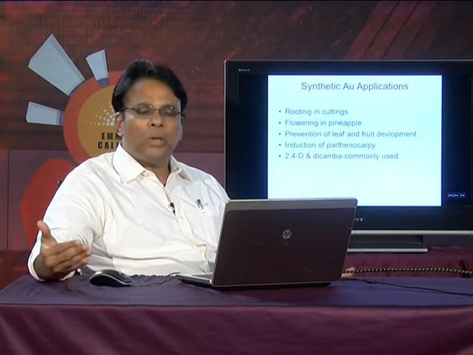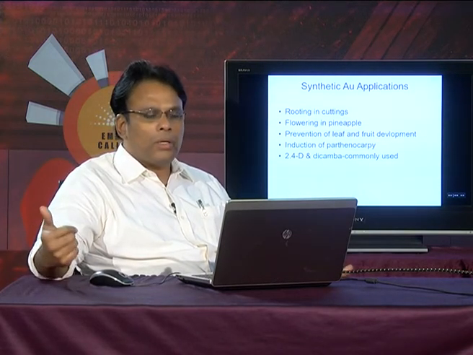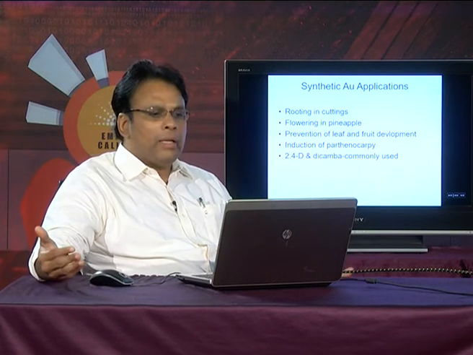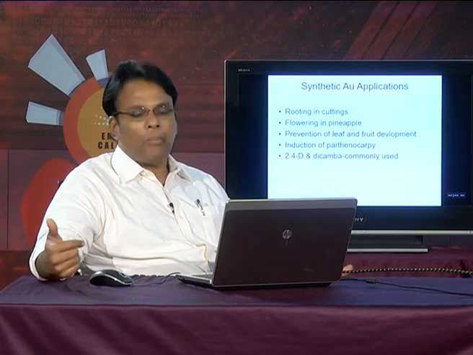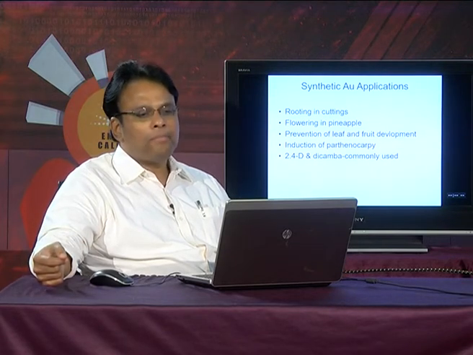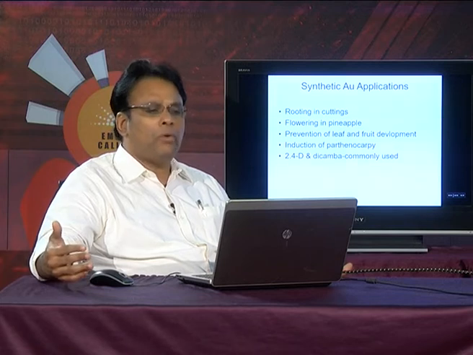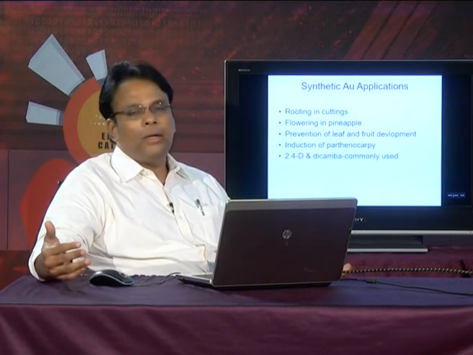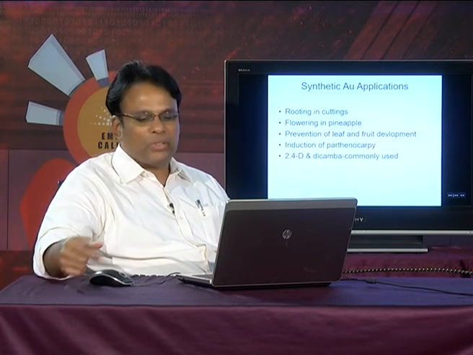So, you can prevent the premature falling of the fruit in the case of big orchards. Then induction of parthenocarpy, that is also happening with auxin application. And basically people are experimenting, or people are commercially using 2,4-D and dicamba as synthetic auxins for these purposes.